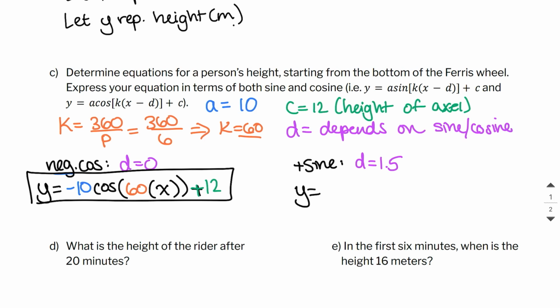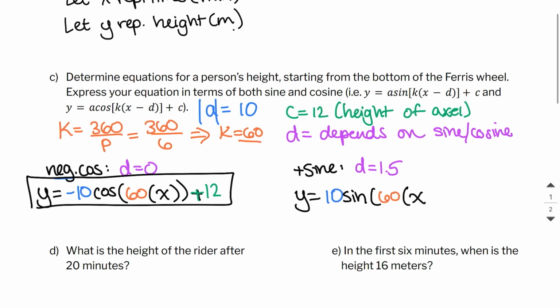So because it's positive sine, the A value will be 10. We'll say the absolute value of A is 10 over here. And then we'll say the sine of 60 times x minus d, which is 1.5, and then plus 12 right at the end.